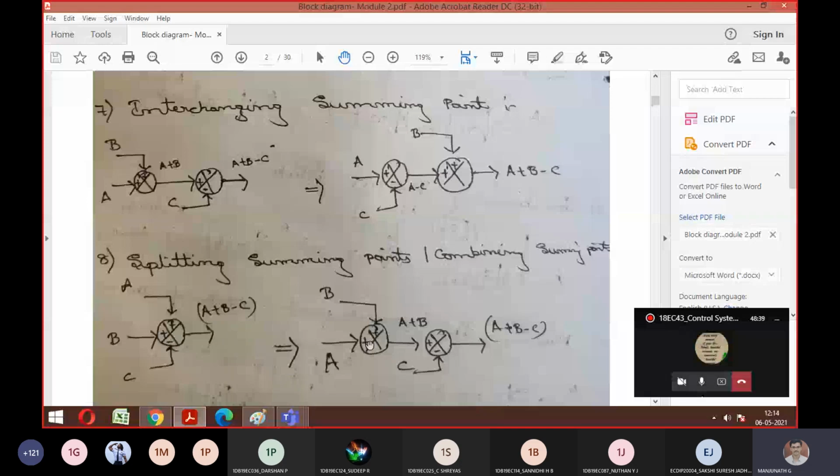You can look at this diagram and this diagram, it's the same. Is it okay with this splitting of summing point? If you have a summing point like this, which has more than 2 signals, then I have an option to split. Split is required for a few problems that we'll see later. Is it okay?